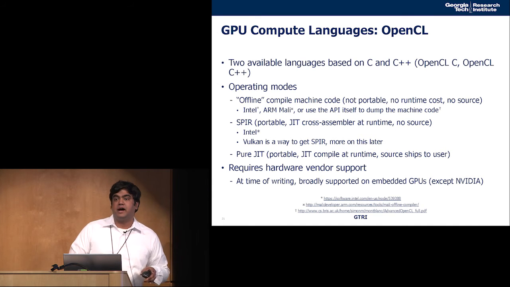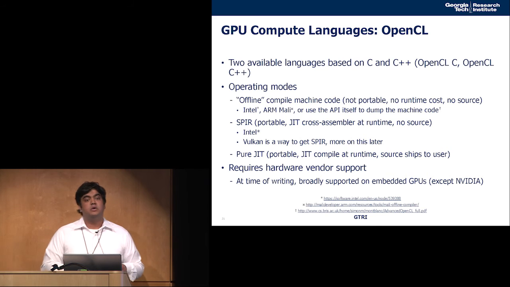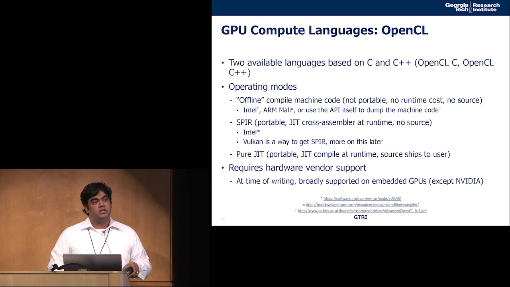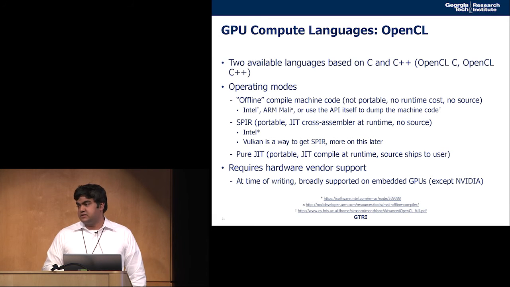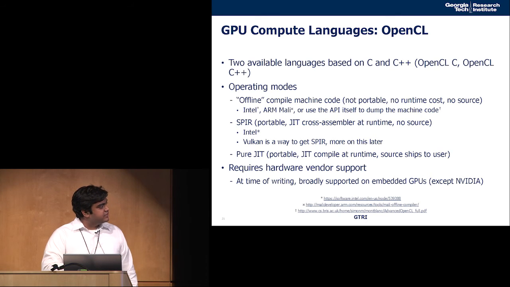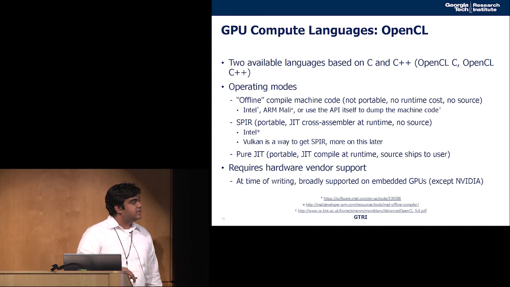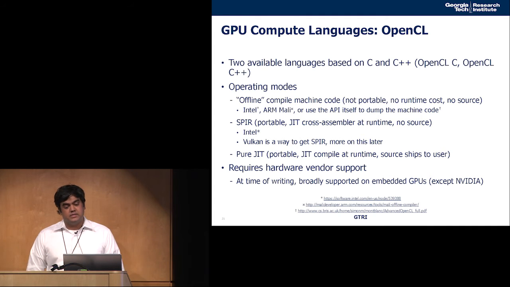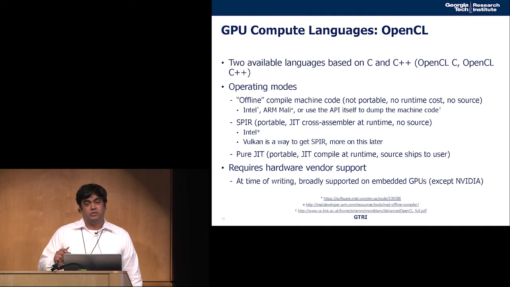You can pre-compile it for a specific GPU target, or you can just ship C or C++ code. I believe that's what Phosphor does: everybody gets the C or C++ code that gets compiled into your GPU code. It requires hardware vendor support, and at the time of writing, it's broadly supported on all GPUs, except for NVIDIA mobile GPUs. If you have a question about that, I'll clarify that afterwards.